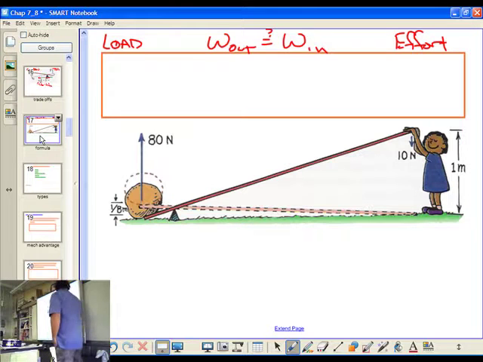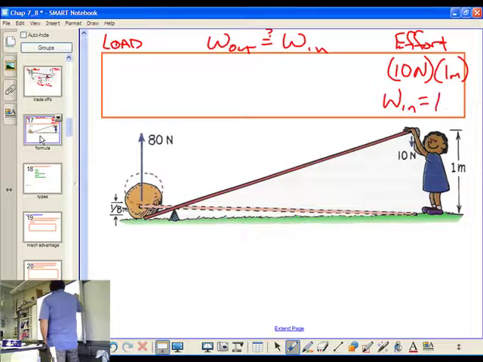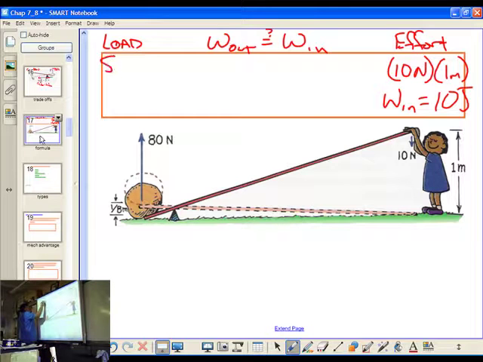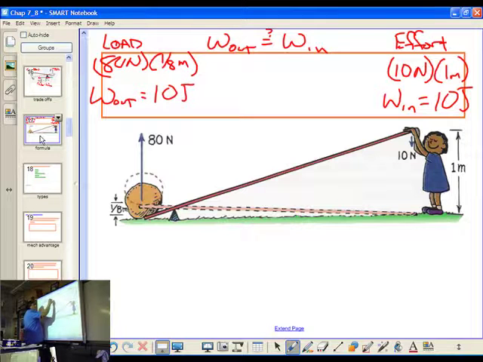The little girl uses a force of 10 newtons for a distance of 1 meter, which means her work in is 10 times 1, 10 joules. Over here, our load, you're getting out 80 newtons, but it only moved 1/8 of a meter, so my work out here is, again, 10 joules.